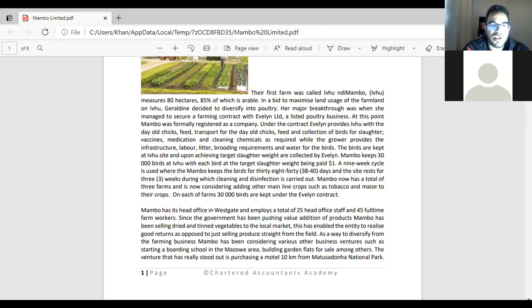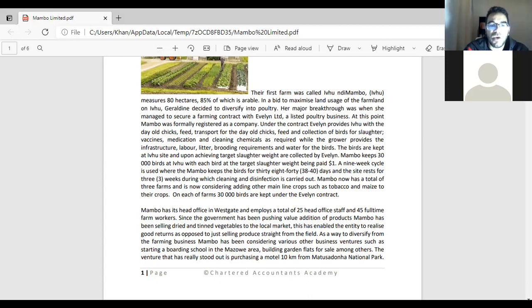The birds are kept at Evo's site and upon achieving target slaughter weight are collected by Evelyn. Mambo keeps 30,000 birds at Evo, with each bird at the target slaughter weight being paid $1. A 9-week cycle is used where Mambo keeps the birds for 38 to 40 days, and the site rests for 3 weeks, during which cleaning and disinfection is carried out.